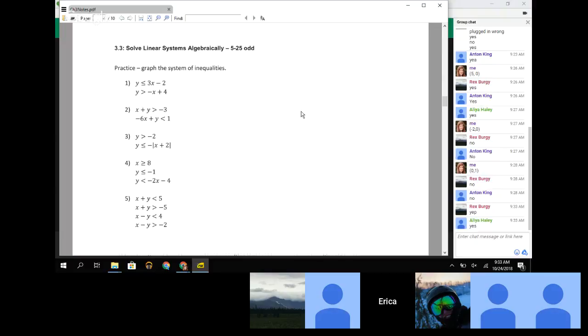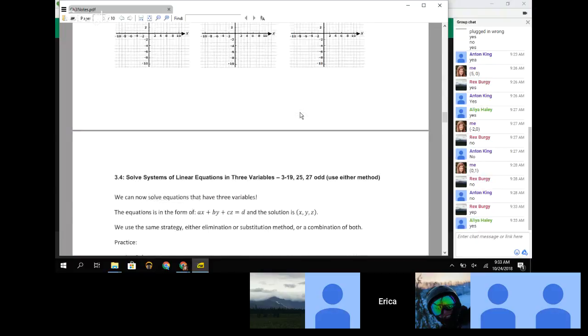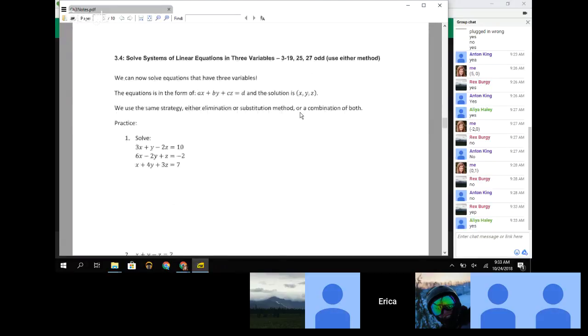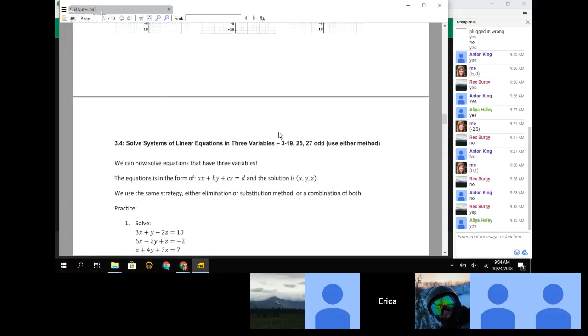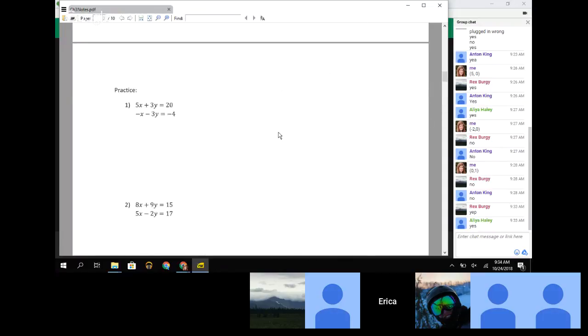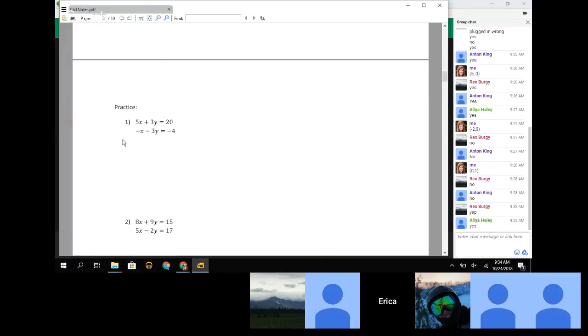Back in section 3.2, if you did your homework already, we were solving systems of linear equations when we had two variables, right? We had 5x plus 3y equals 20 and negative x plus 3y equals negative 4.